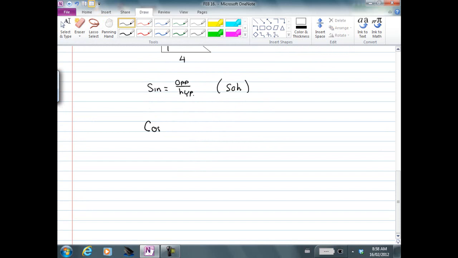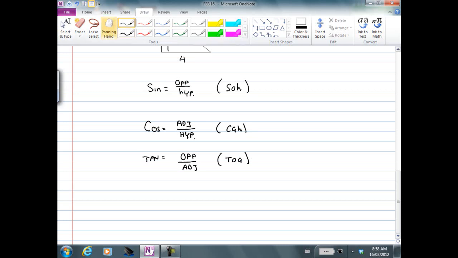This stands for cos equals adjacent over hypotenuse. Finally, TOA: tan is opposite over adjacent. That's where SOHCAHTOA kicks in. That's 3 formulas you have to burn in your head, which a lot of you know.